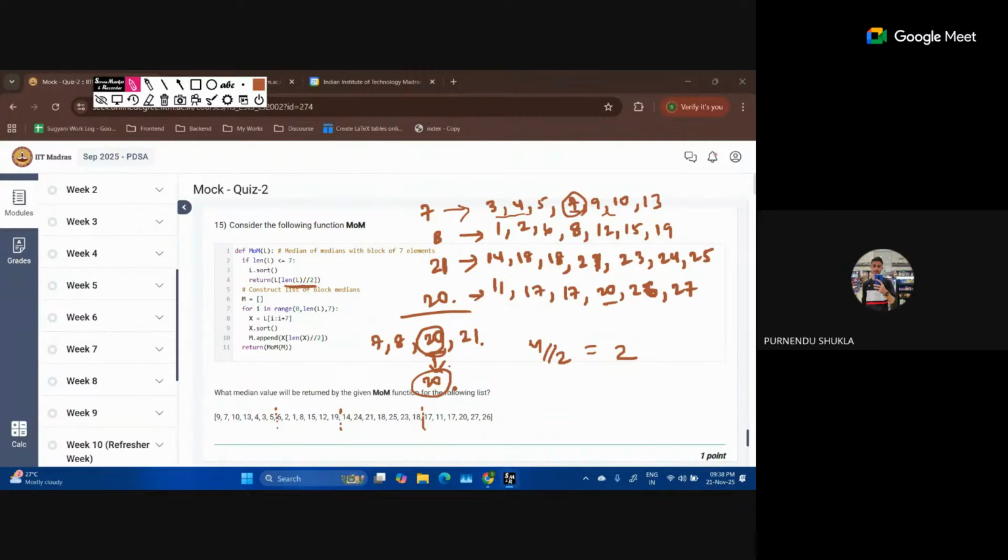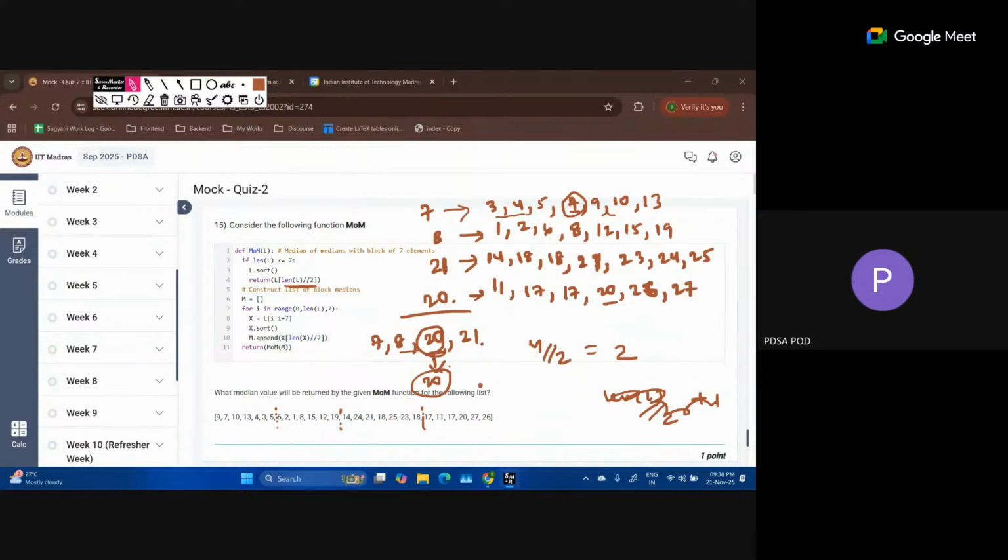The confusion is that indices run from 0 to L minus 1. Anyways, let it be.